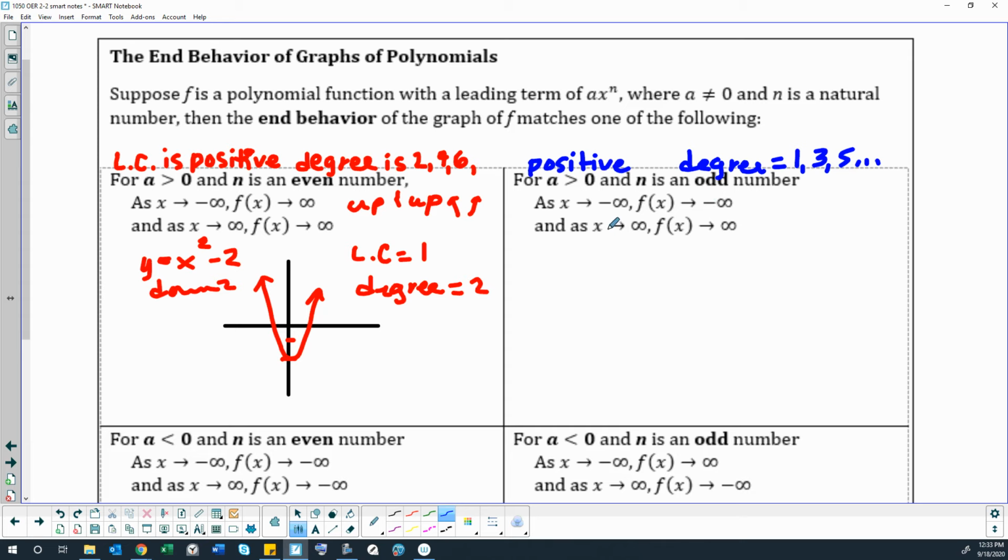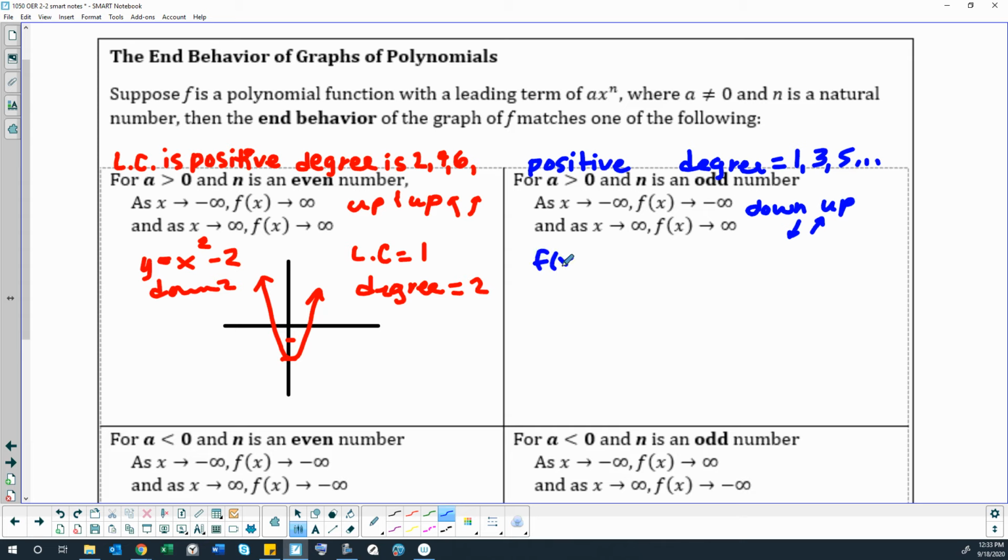And as x goes to the right, y goes up. So we call this end behavior down, up, because the left end of the graph is going down, so both x and y are negative, and the right side of the graph is going up, both x and y are positive.